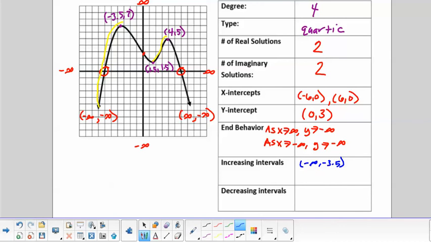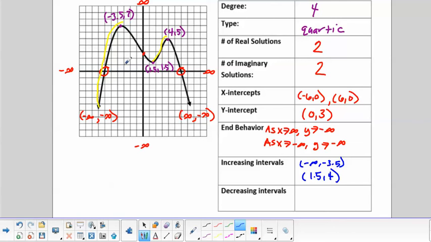And I'm also increasing from 1.5 to 4. So remember to write the x values. You always use parentheses for increasing and decreasing, because once you get to this point right here, you cannot include it. You're not increasing or decreasing. You're just kind of stopped there for a sec.